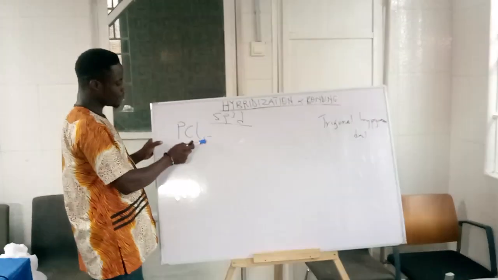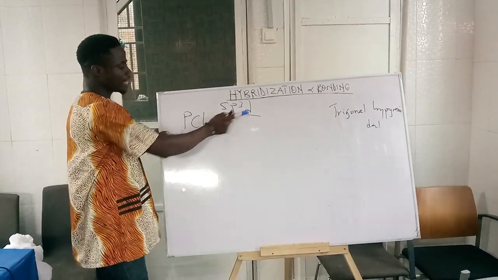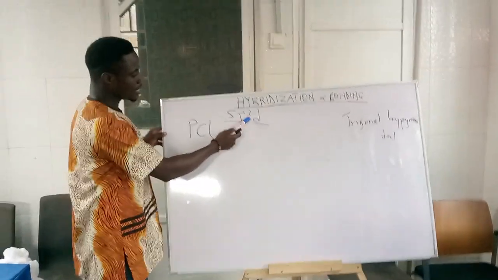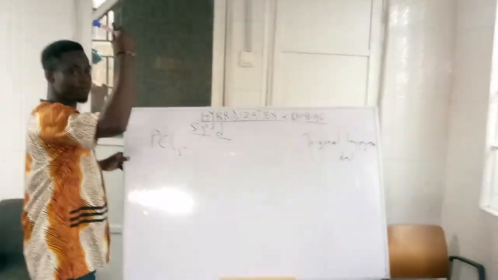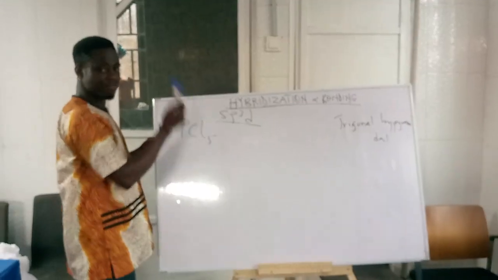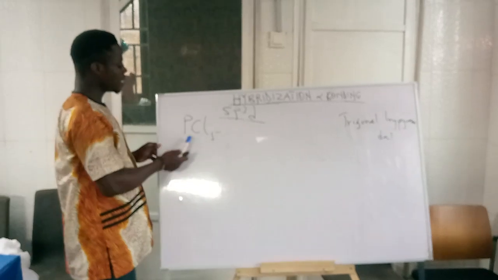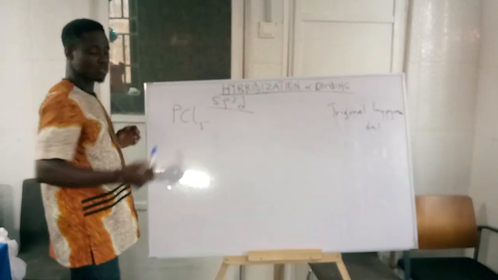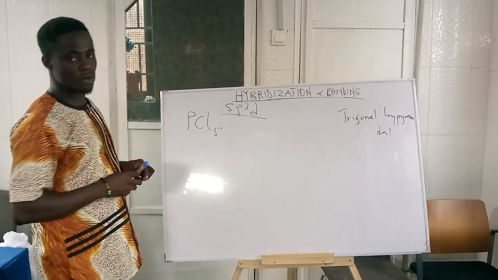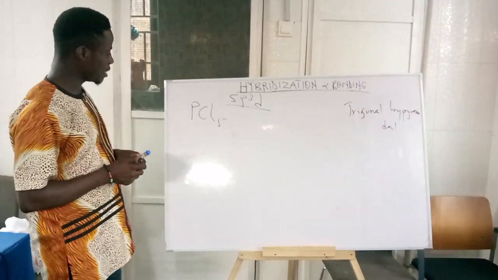After sp3d hybridization takes place, we have 5 new hybrid orbitals formed. If you see the chlorine, there are 5 of them, so this phosphorus must be bonded to 5 of these. Therefore, phosphorus becomes our central atom in this case.